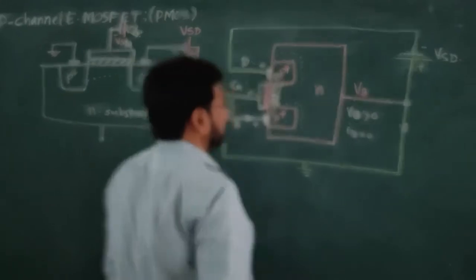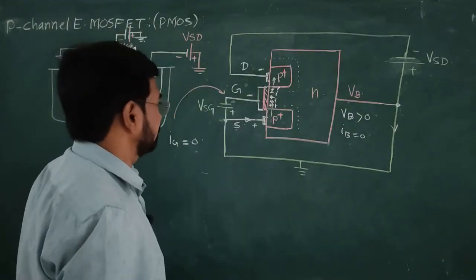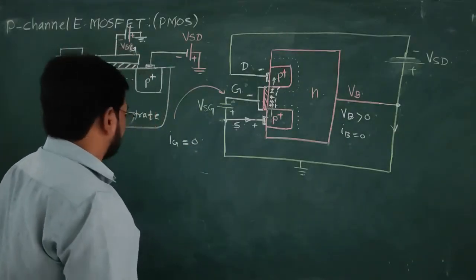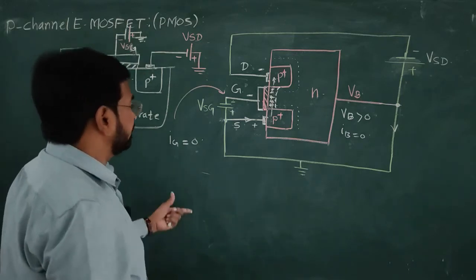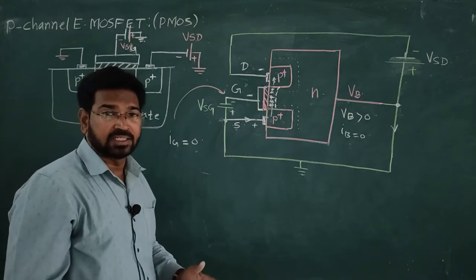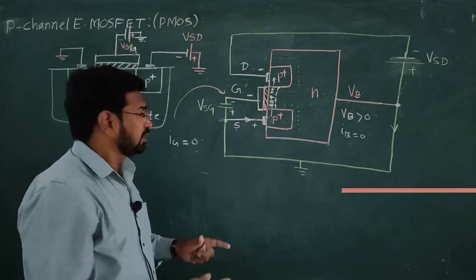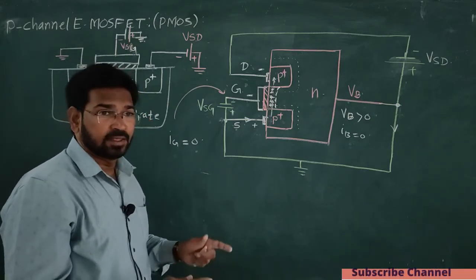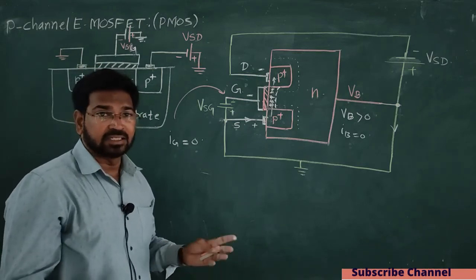We can understand the working of PMOS device from this diagram. Now, let us draw the VI characteristic and label the different regions, cutoff region, triode region and saturation region, and we will write equations for the currents in triode region and saturation region.